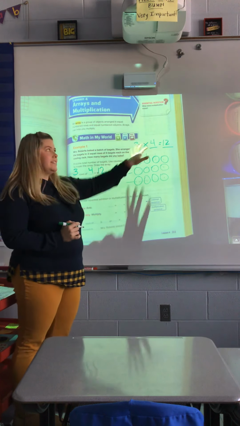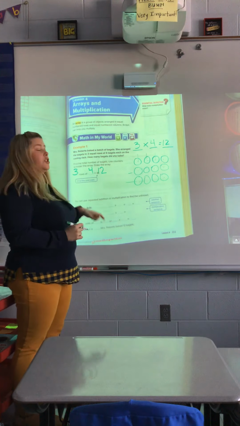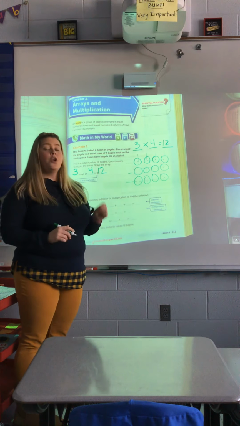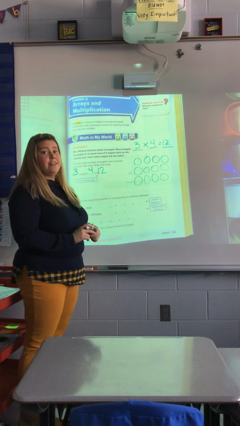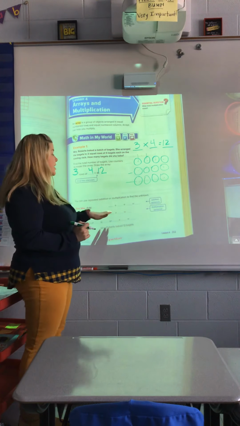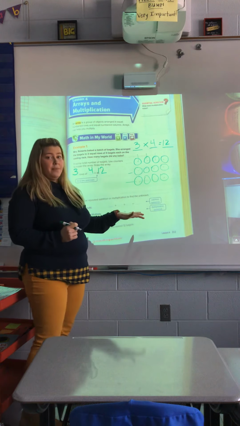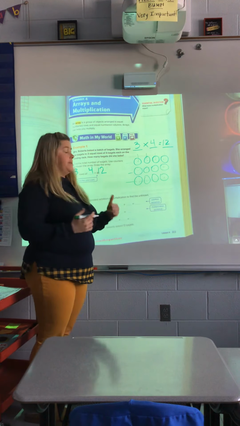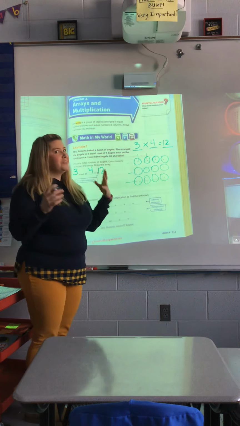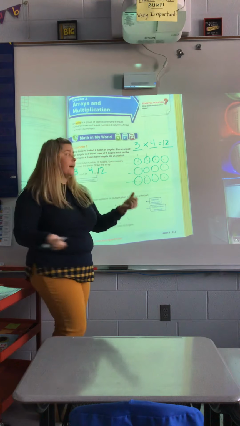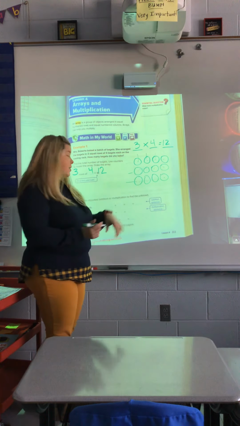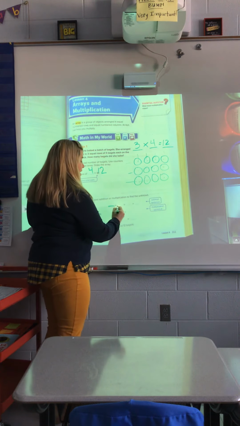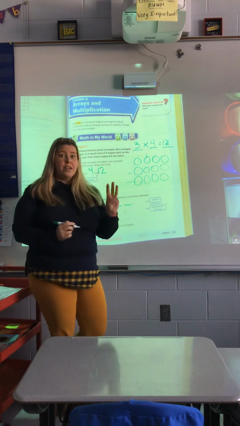All right, let's look down at the bottom here. It goes into a little more detail about that. It says you can use repeated addition or multiplication to find the answer. So one way that you can do is you can add, okay? When you're adding repeated addition, the first thing you want to do is go back to how many rows you have. I have 3 rows, so that means I need 3 blanks.